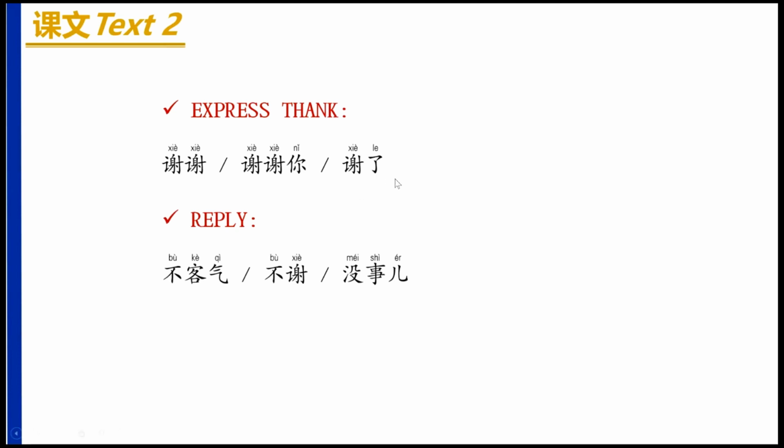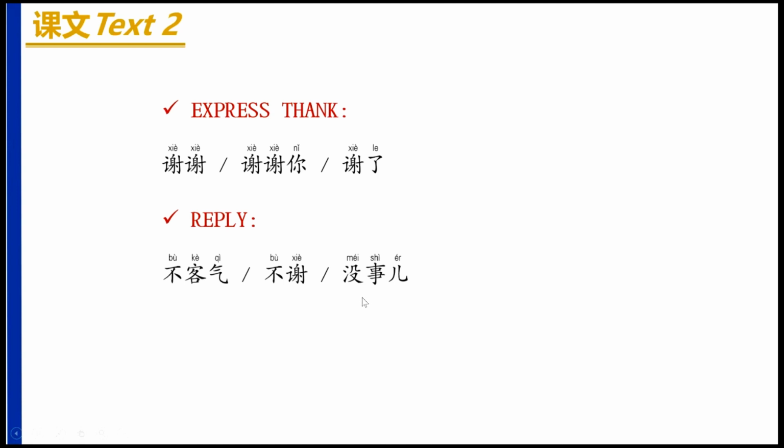La has no exact meaning, and the reply is 不客气，不谢。And just like 谢了, the reply is 没事儿。没事儿 means it's okay, or in Nepali, it's like tikta.